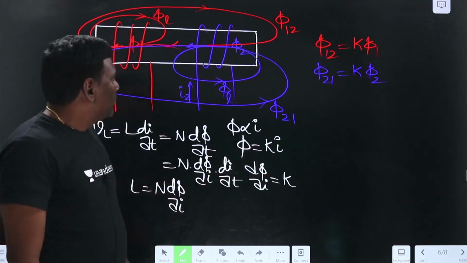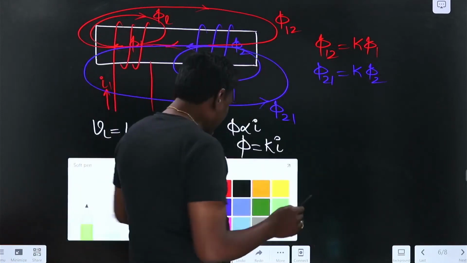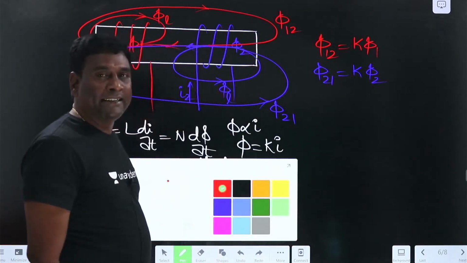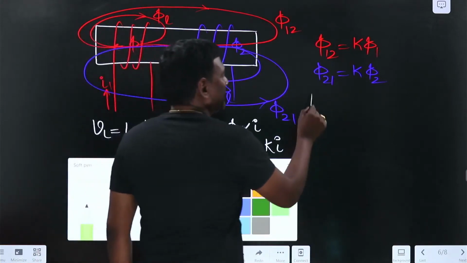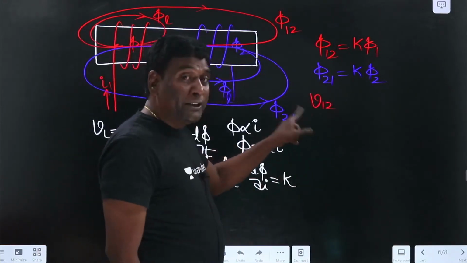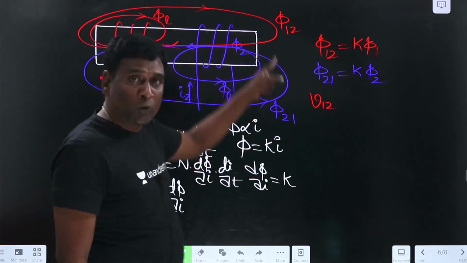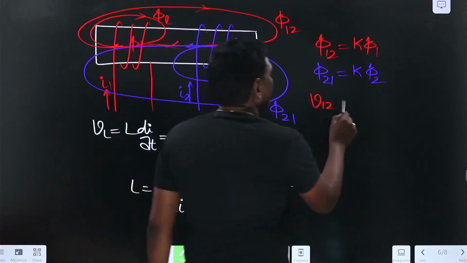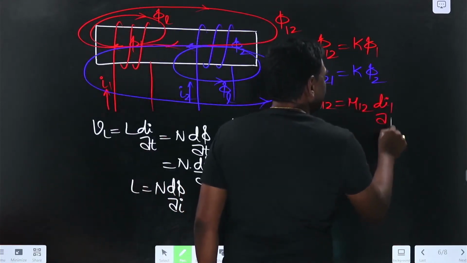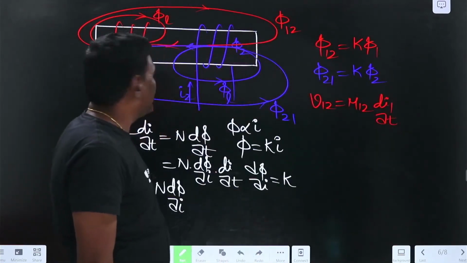Anyway, the point here is very simple. Let me write the equation for red. The induced voltage in coil 2 because of coil 1, V12, is going to be M12 into di1 by dt, since this particular flux is coming because of I1.